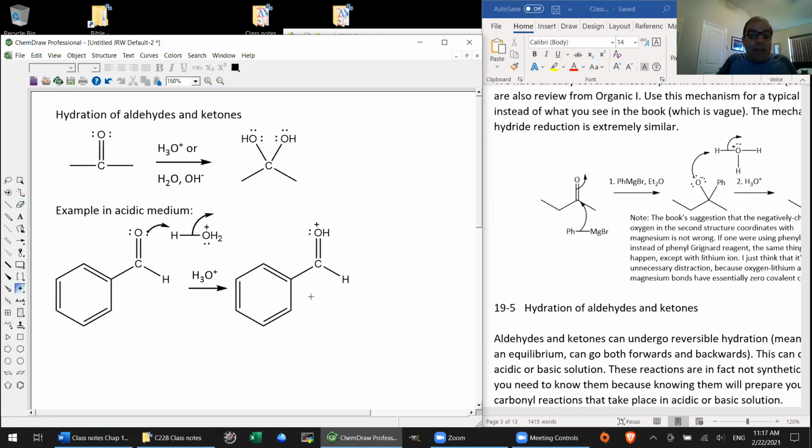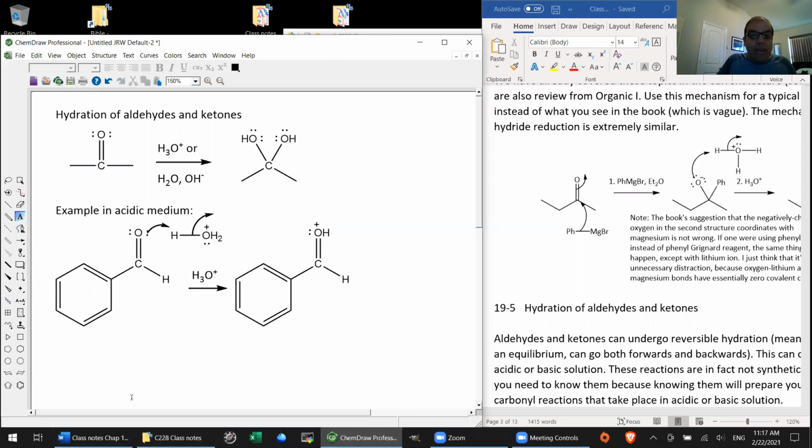And in so doing, we've made this carbon atom, which is already electron-poor, which already has a partial plus charge, even more electrophilic by having this oxygen with a full plus charge on it next door. So now the only question is, what is our nucleophile? What are we going to show attacking that carbonyl?